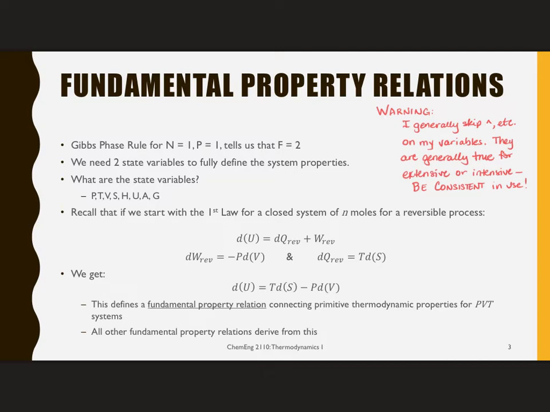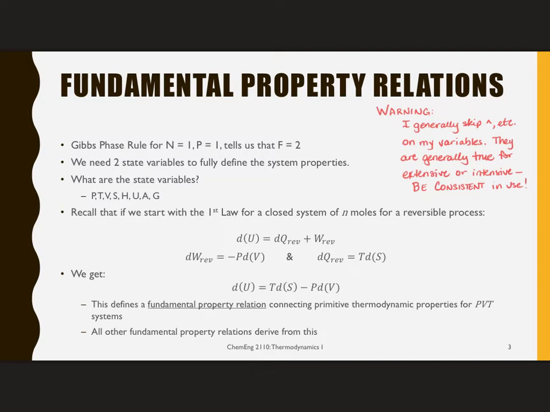P dV. And the trick here is that whereas up above it was for a specific process because Q and W are path dependent, I am now dealing with all state variables that are path independent.